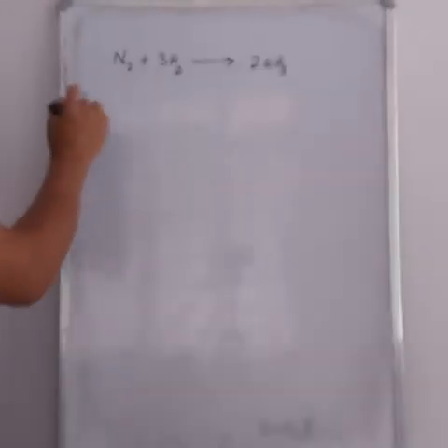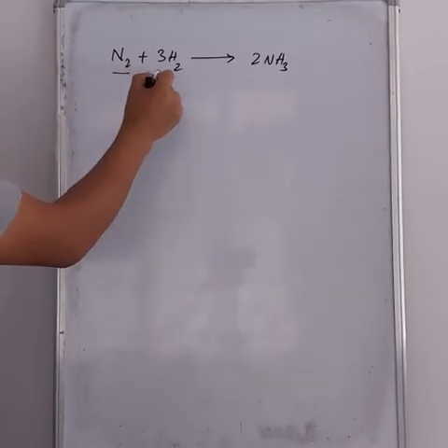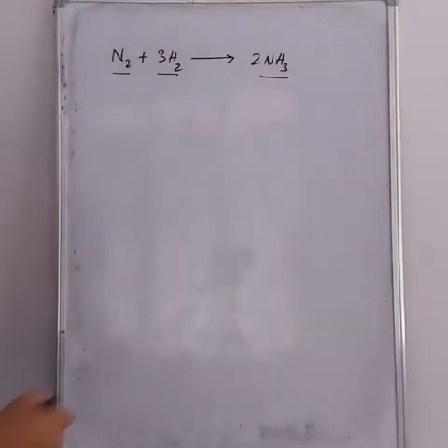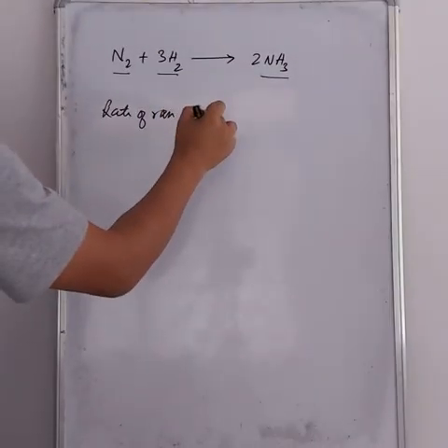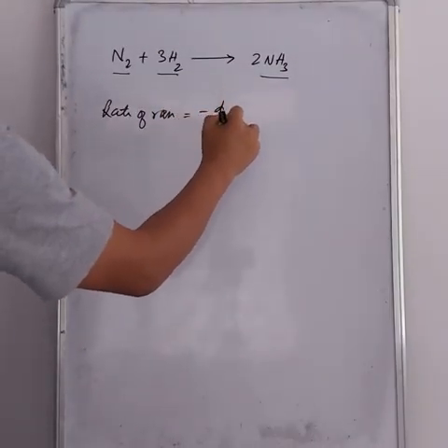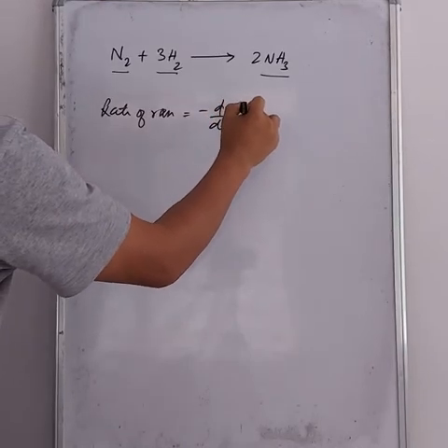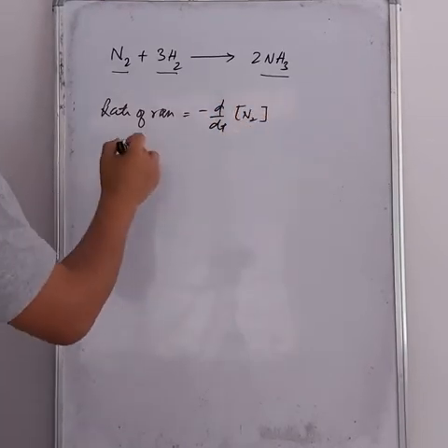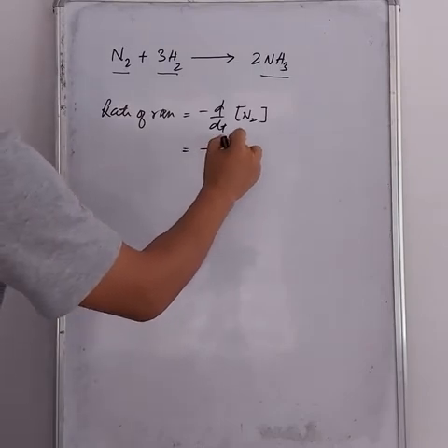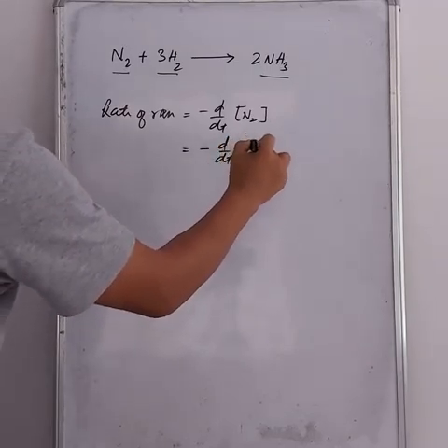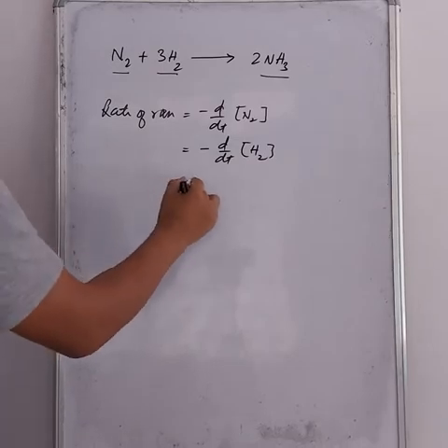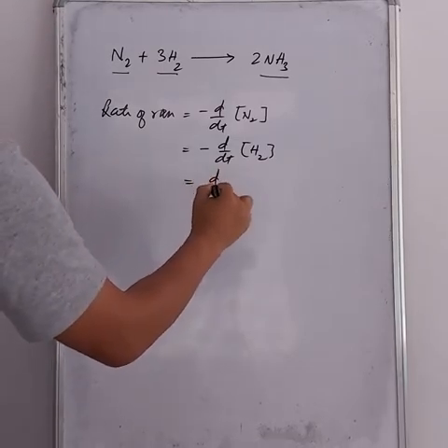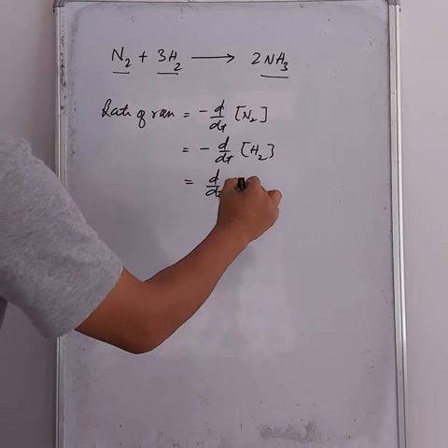The rate of reaction would be the disappearance of nitrogen and hydrogen, or the appearance of ammonia. So the rate of this reaction will be equal to negative d over dt of nitrogen, or negative d over dt of hydrogen, or d over dt of ammonia.